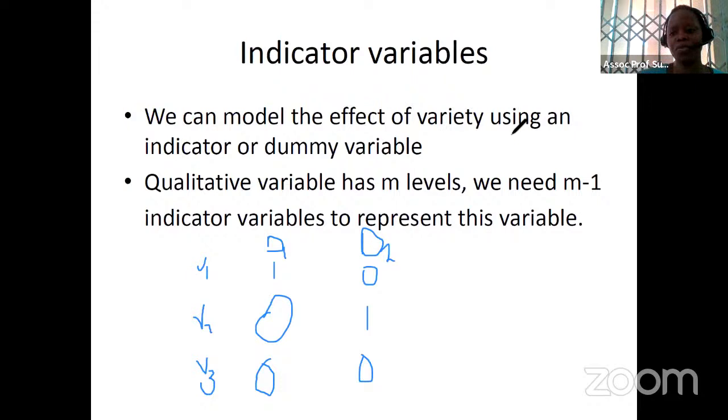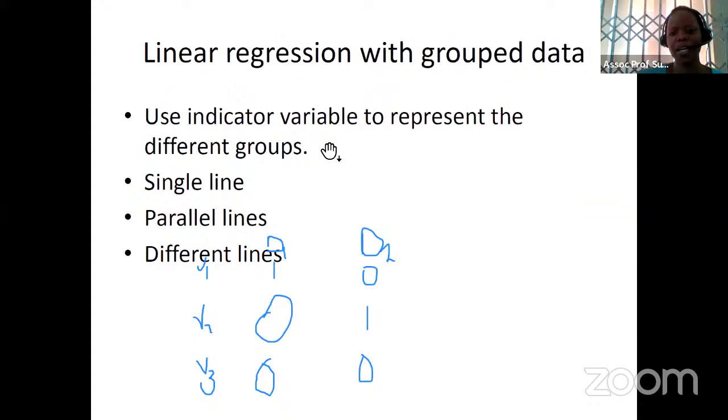We shall see. It's very interesting to see it practically. Under indicator variable, we have what we call single line, parallel lines, and different lines. Now, in case you fit a regression model with categorical variables, but you find that the dummy variables you put in are non-significant, that shows that you don't need a variable to separate the varieties.